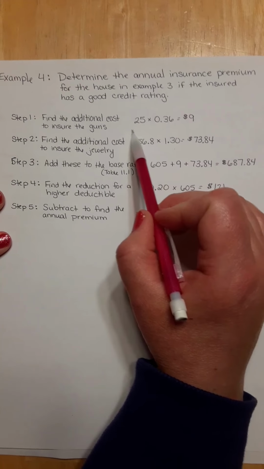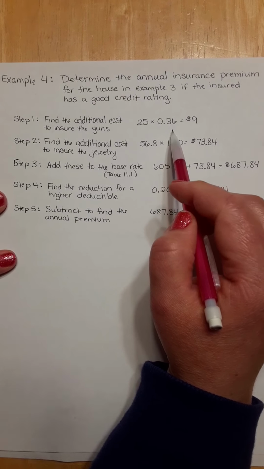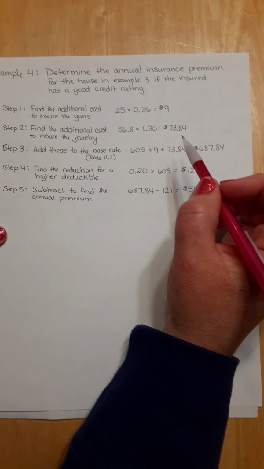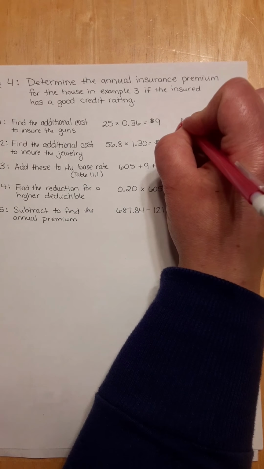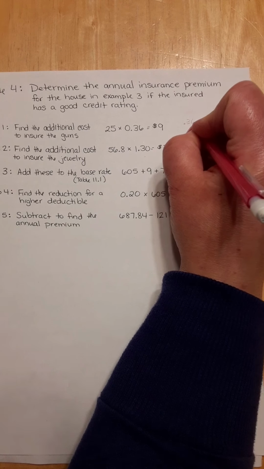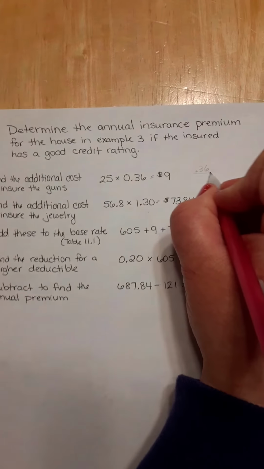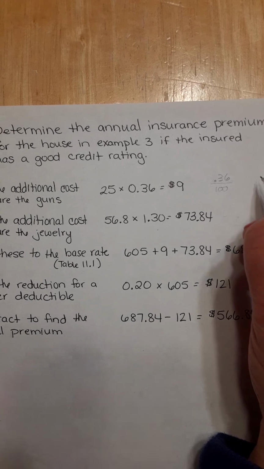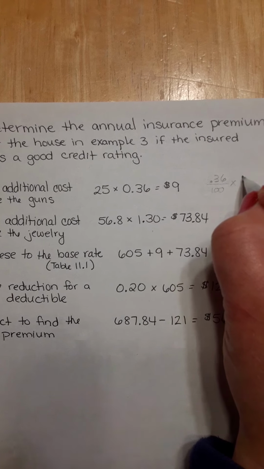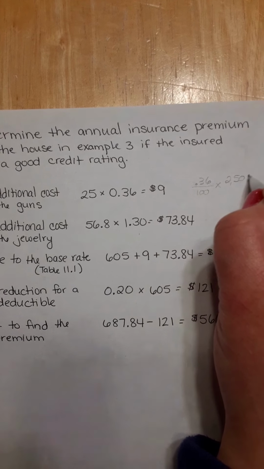Now, if you notice here, I have 25 times 0.36. Where on earth did that total come from? Well, if you look at adjustment 4, it gives us 36 cents for every $100 value, which we have to multiply by the value of our guns. And remember, our guns were worth $2,500.